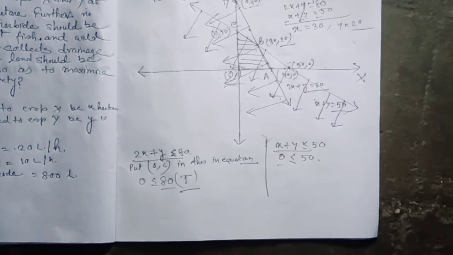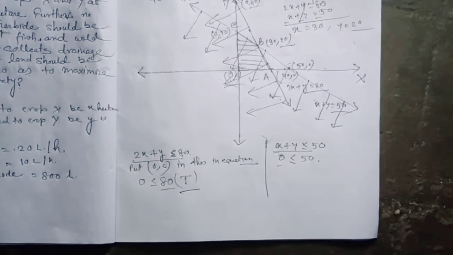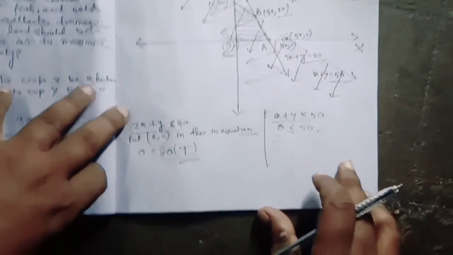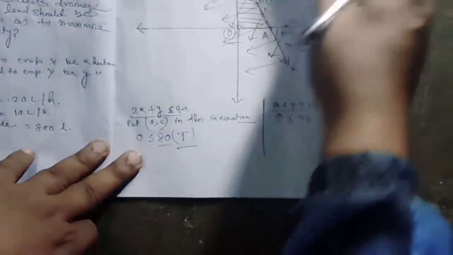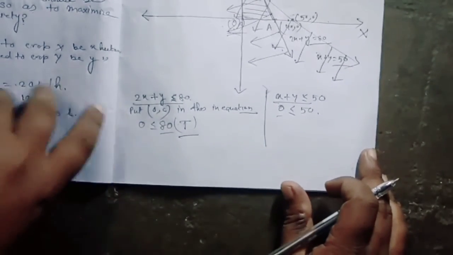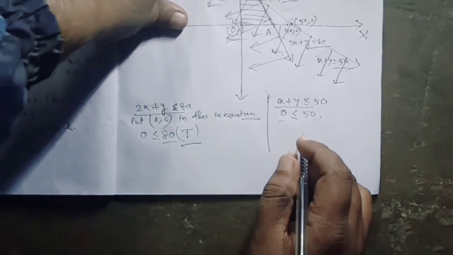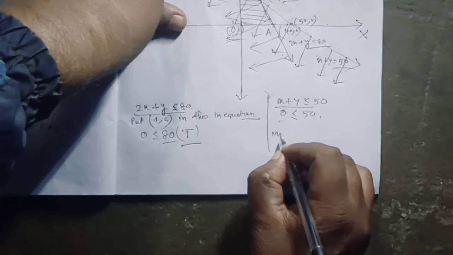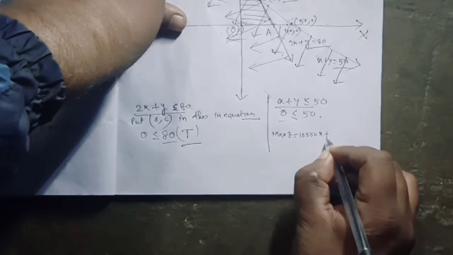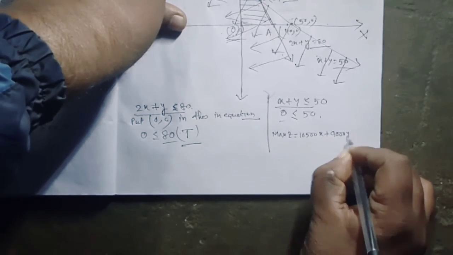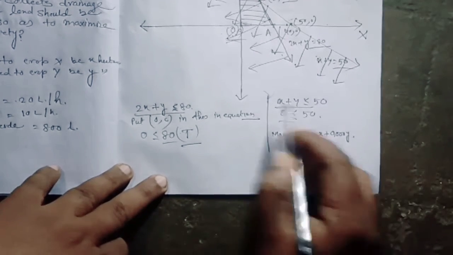Now we have to check where it is maximum. Putting the value of each point into our function, max z equals 10,500x plus 9,000y.